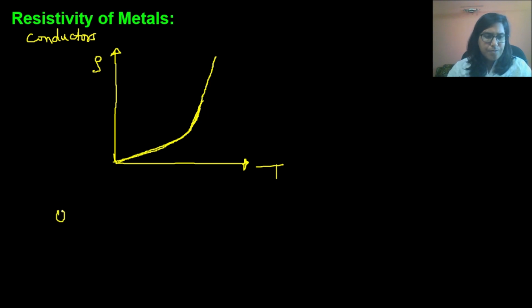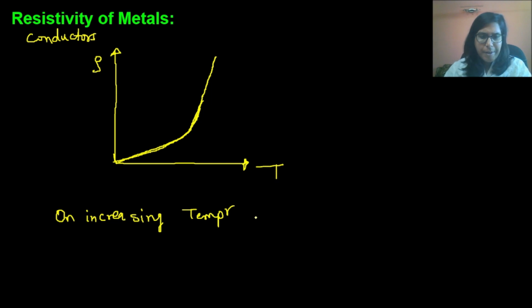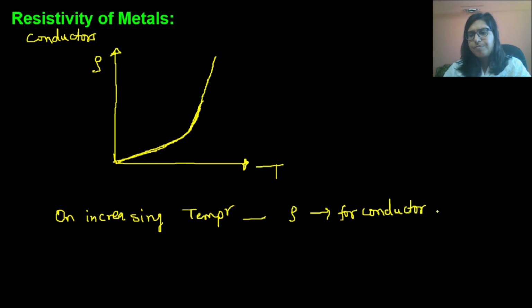So on temperature, resistivity for conductors increases and for semiconductors it decreases.